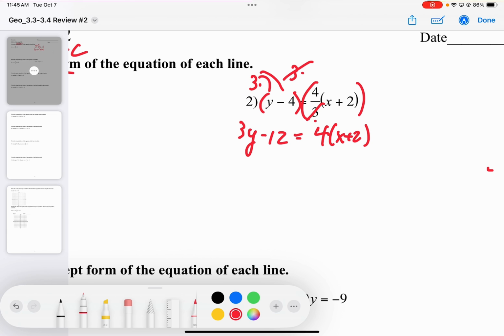I don't need to multiply the 3 by the 4/3 and by the x plus 2, because there's not an addition or subtraction sign between those two things. I don't have to distribute it to both of those. I just need to multiply it by one of those things, because by nature, it's going to get multiplied by the second. So then I would get 3y minus 12 equals 4x plus 8.